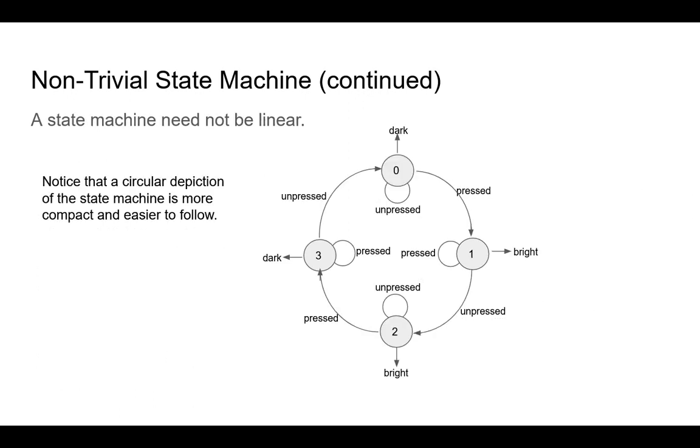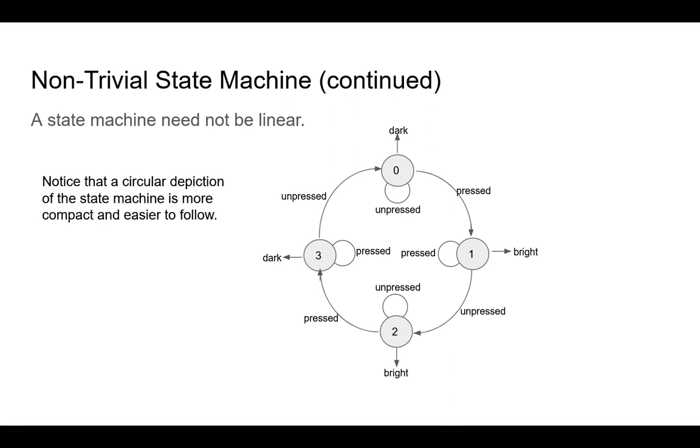Now, this is kind of cool because you can draw these things any way you want. Notice that in the previous machine, it went from left to right, and then it went back over to the left side as it moved through the states. You can also do this as a circle.